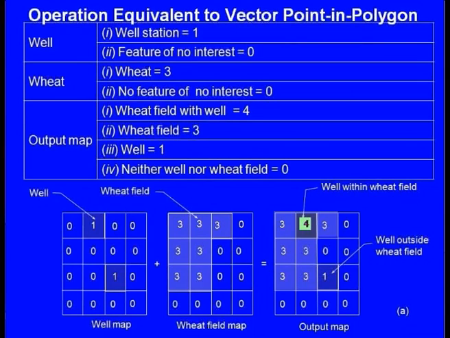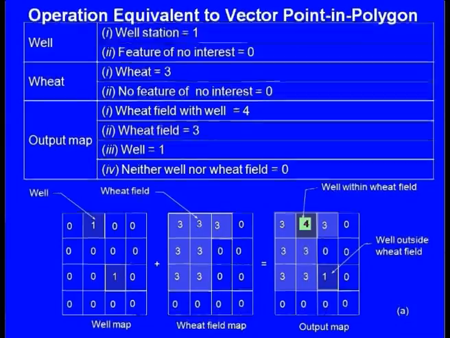Areas having only wheat will have a value of 3, well is equal to 1, and where there is none, it would be 0. So, based on this, a cell which has a value of 4 indicates a well within the wheat area, whereas the value 1 in the output map shows this is a well outside the wheat area.